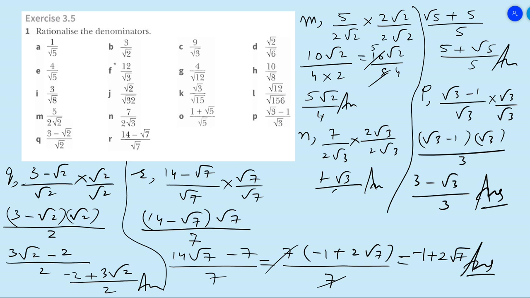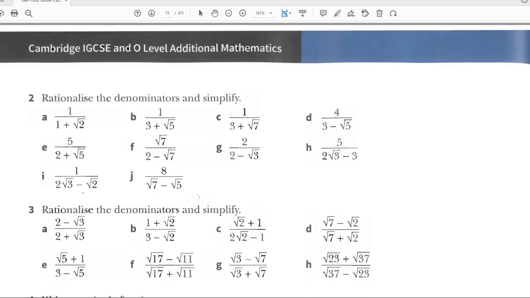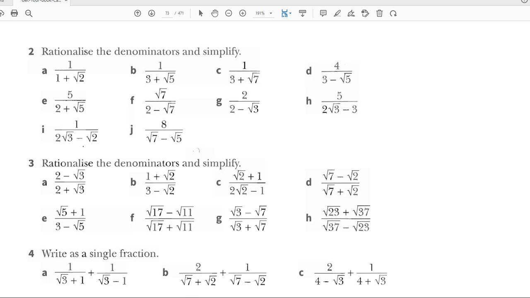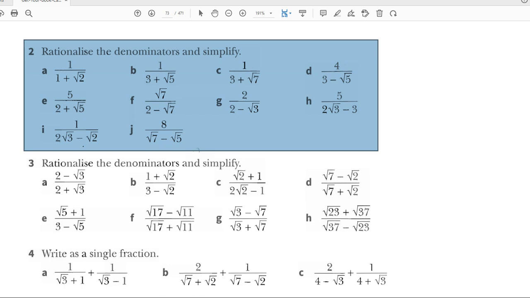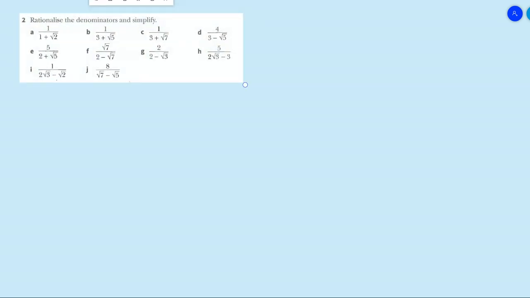There are so many parts in this question, but we have finished successfully. Come to question number 2. This is question number 2.